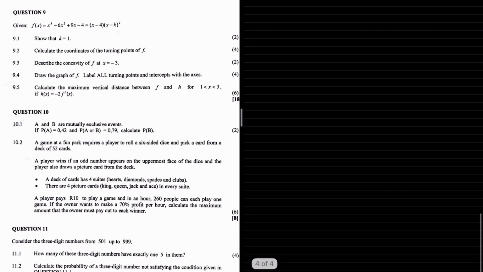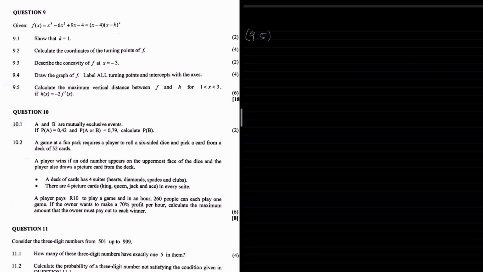Okay, let's move on to question number 9.5. Calculate the maximum vertical distance between f and h, where the x value should be between 1 and 3, if h of x is equal to minus 2 multiplied by f of x. So let's work out what h of x is first. So negative 2, and then f prime of x was 3x squared minus 12x plus 9.